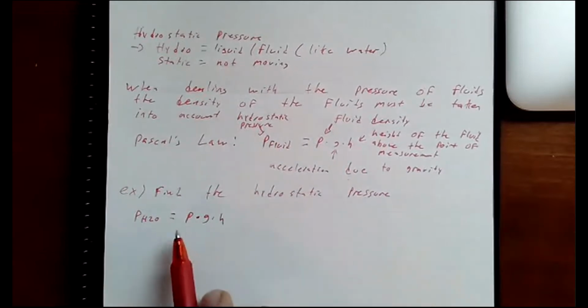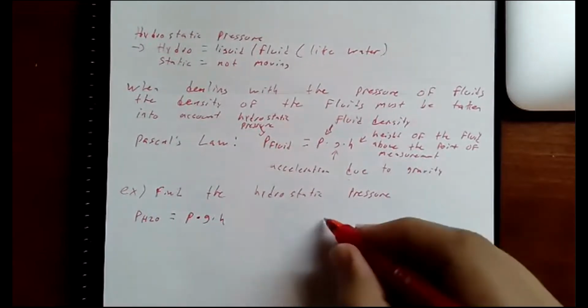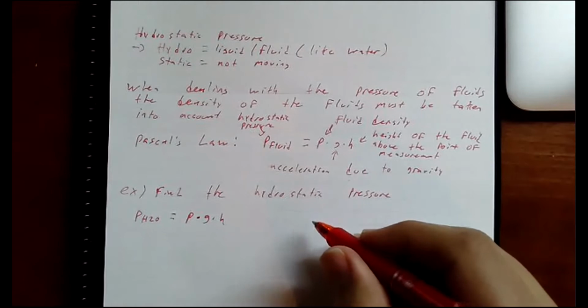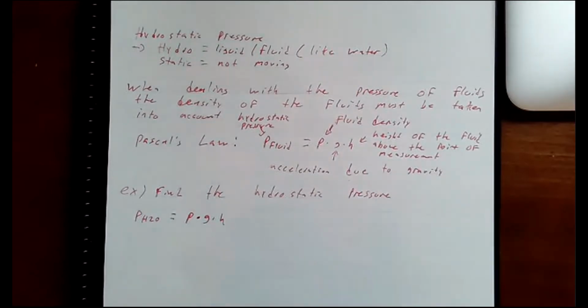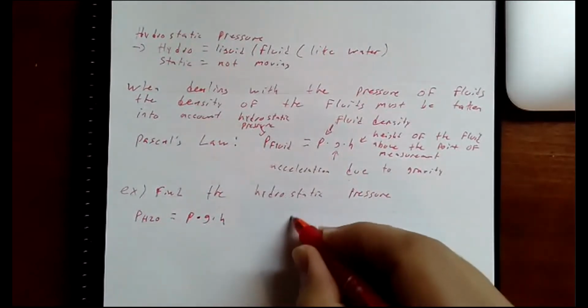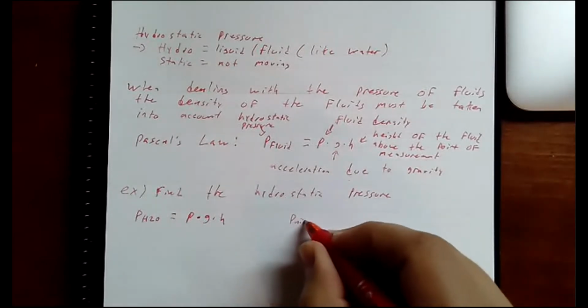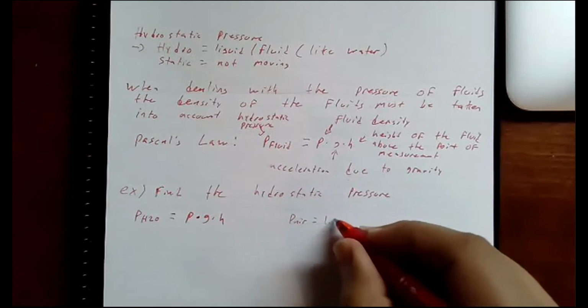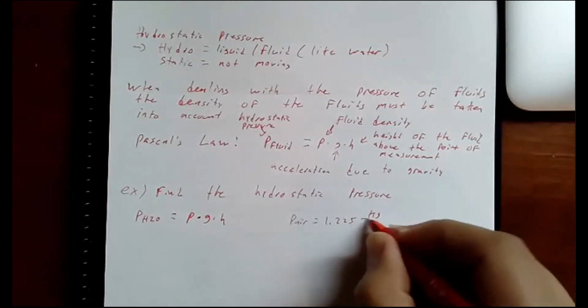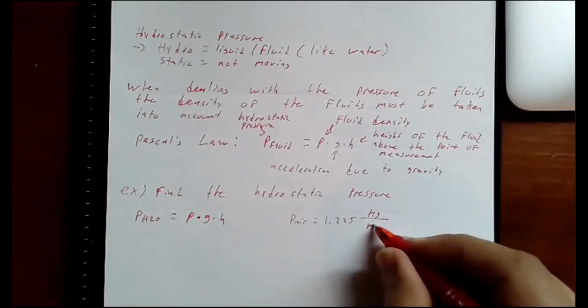So we have P. I'm going to go ahead and write all the information right here. The density of air is equal to 1.25 kilograms per meter cubed.